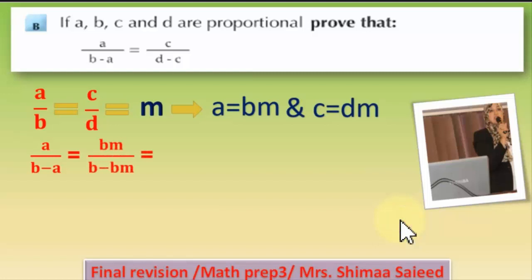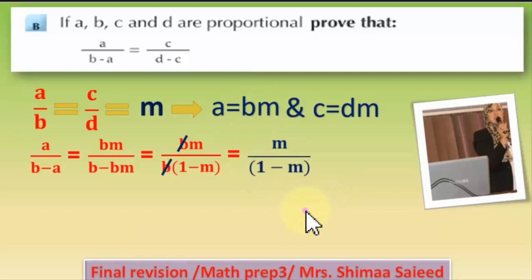Now we have a over b minus a. a equals bm, so write bm over b minus bm. b is a common factor in the denominator, so we can take b as a common factor. bm over b times (1 minus m). Now divide both terms by b, cancel b. So the rest is m over 1 minus m.